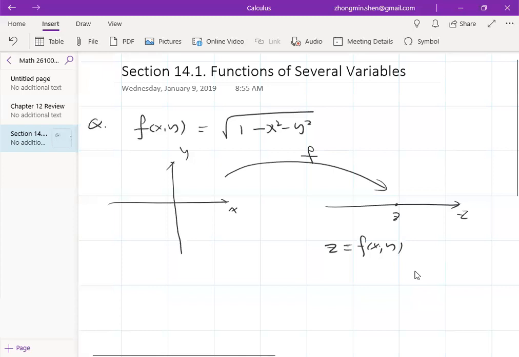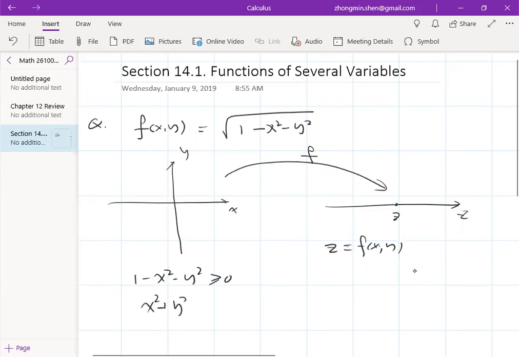Now, what kind of numbers can be mapped to the z-axis? Well, at least if you look at the formula, 1 minus x squared minus y squared cannot be negative.